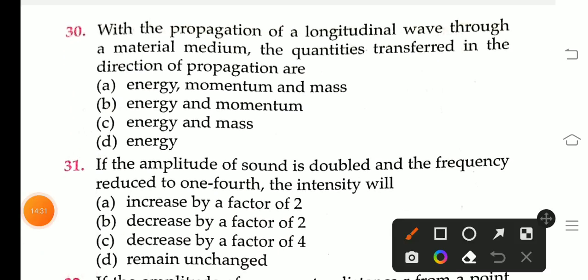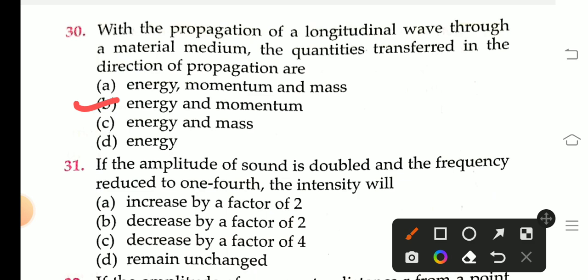Next, with the propagation of a longitudinal wave through a material medium, the quantities transferred in the direction of propagation are, right answer will be option B. Energy and momentum.